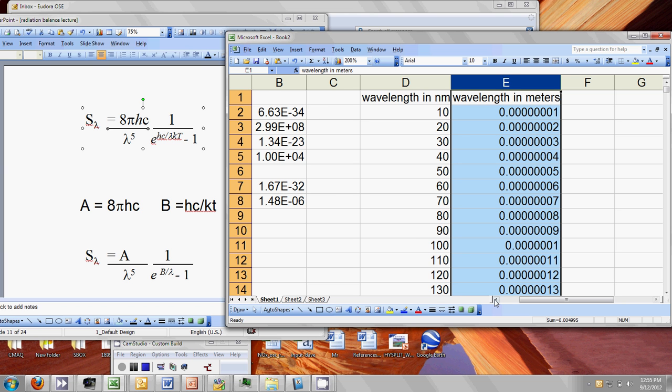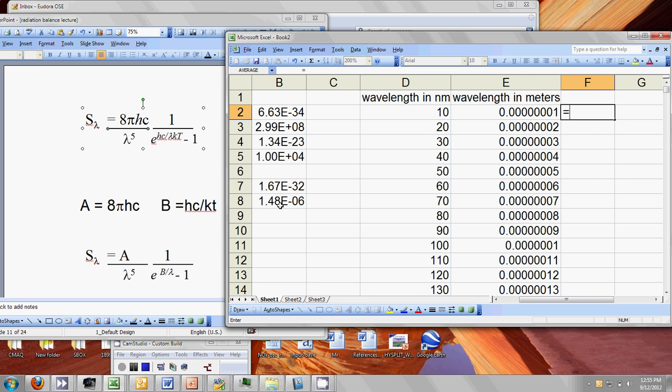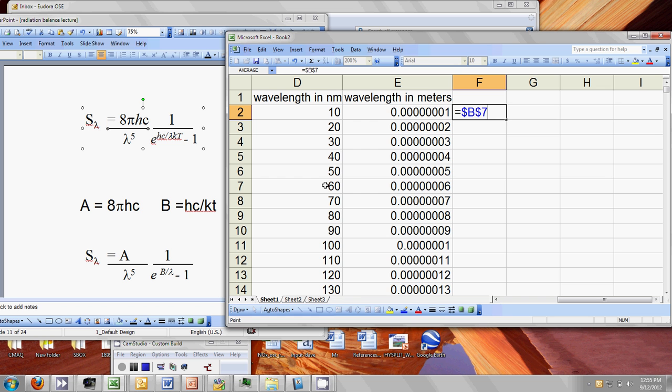Right, so we know this is A, so we will do equals to this value, and we want to keep that fixed. So F4 again, divided by the wavelength in meters to the 5th power. So to do the 5th power, you do the hat sign to the 5th. Okay, so we'll call this the first term, and we'll call this the second term.